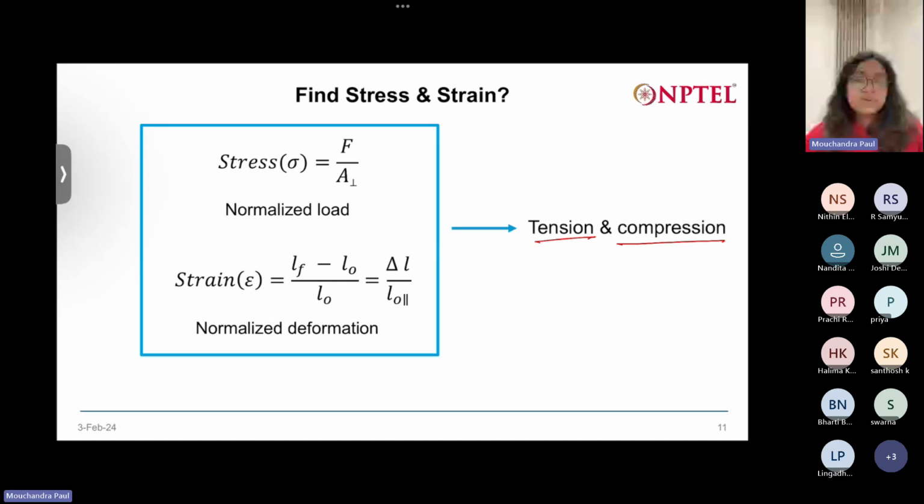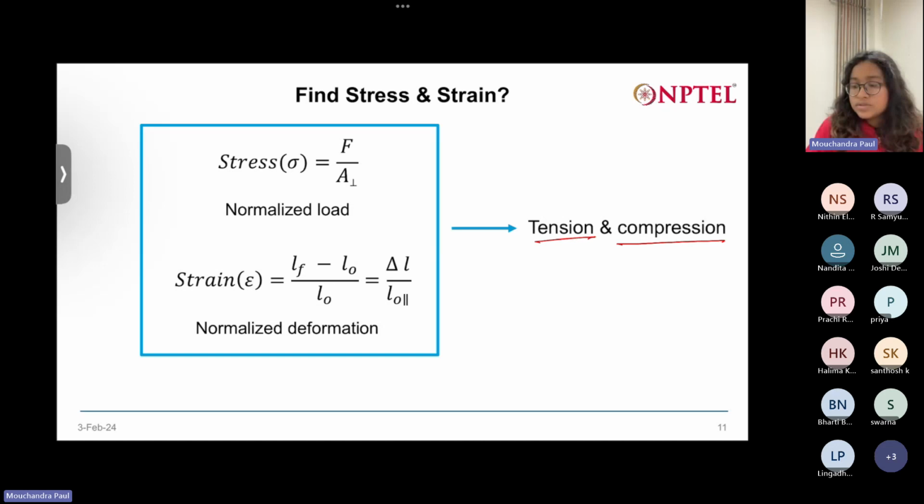But we will not look into shear forces and the corresponding stress and strain in today's discussion session. Okay, so in the presence of tension and compression, we can define stress and strain as given in front of you.